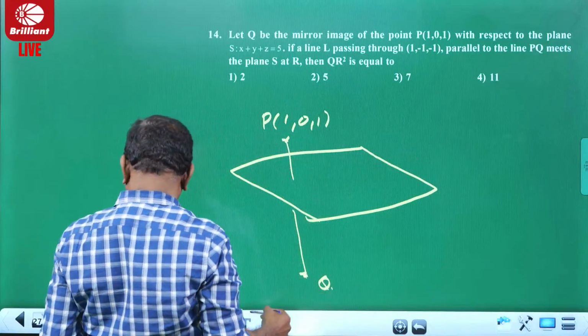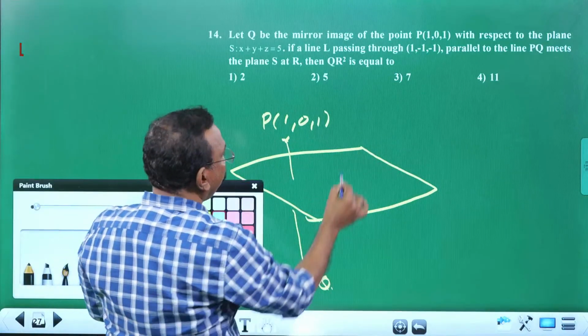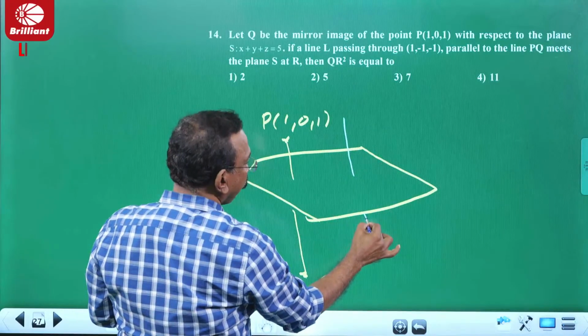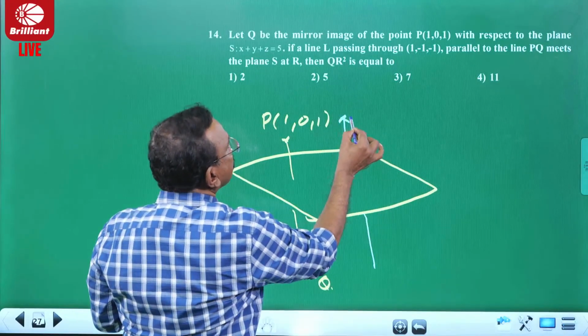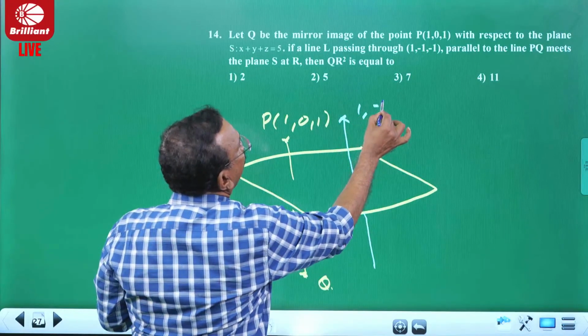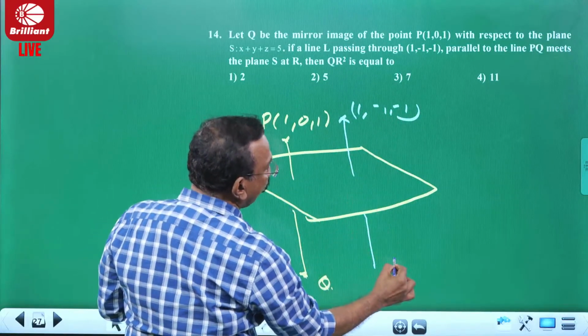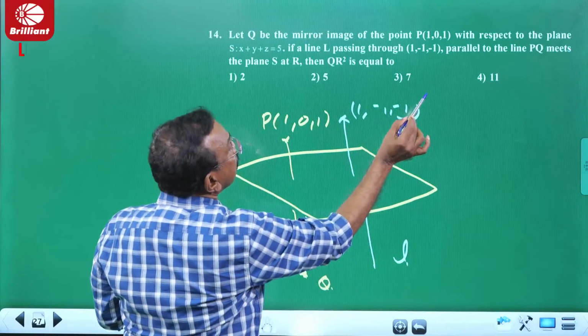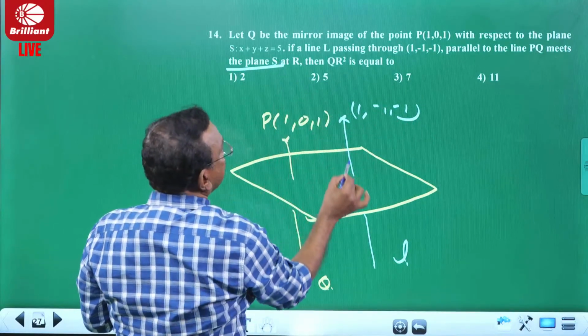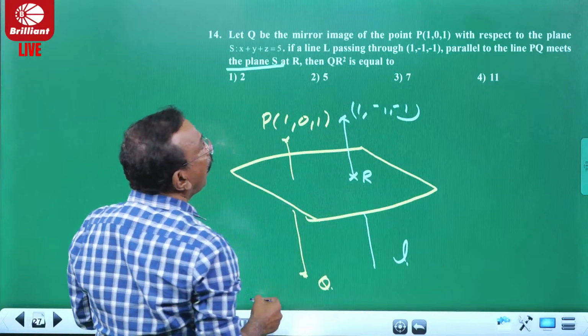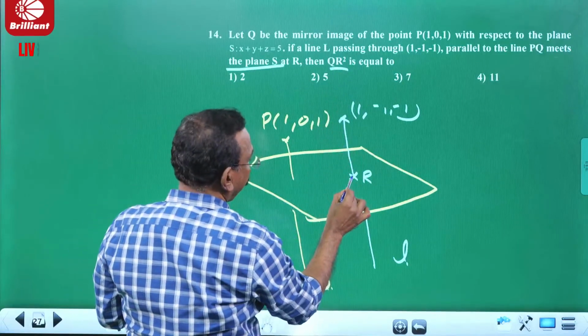This is the line PQ, and you can see another line which is parallel to this. It is given, and you can see this is actually a new line, and it will meet the plane S at R. This is our R, and you want to find this QR.